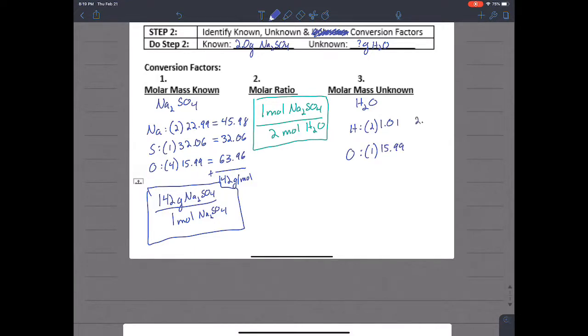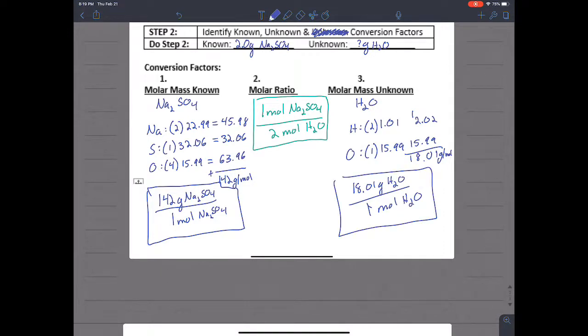So we get 2.02, 15.99. So we get 18.01 grams per mole, aka 18.01 grams of water per every 1 mole of water.